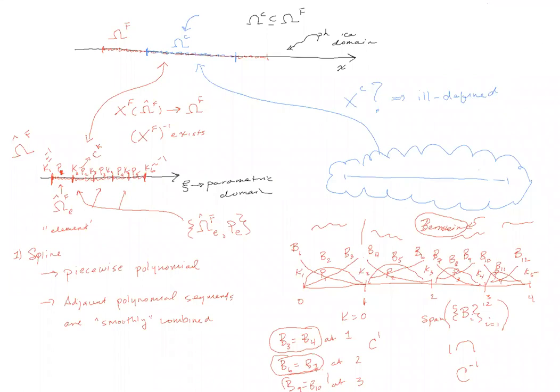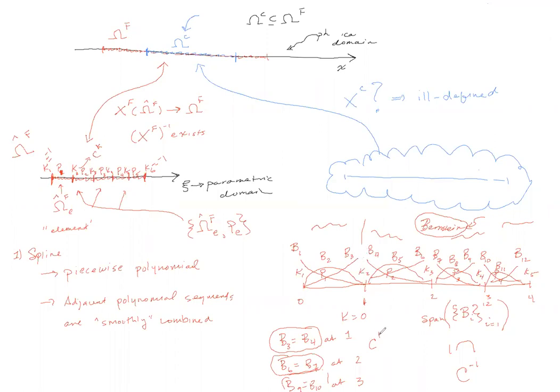Well, isn't B1 always 0 at 1, and B6 always 0 at 1? Yeah, but their derivative isn't. You see, if you want C0, you just take the values of B3 and B4 at 1 and make them equal to each other.